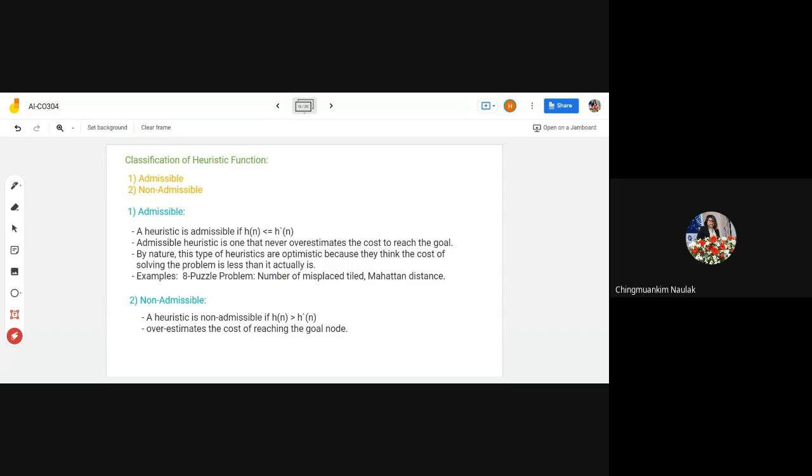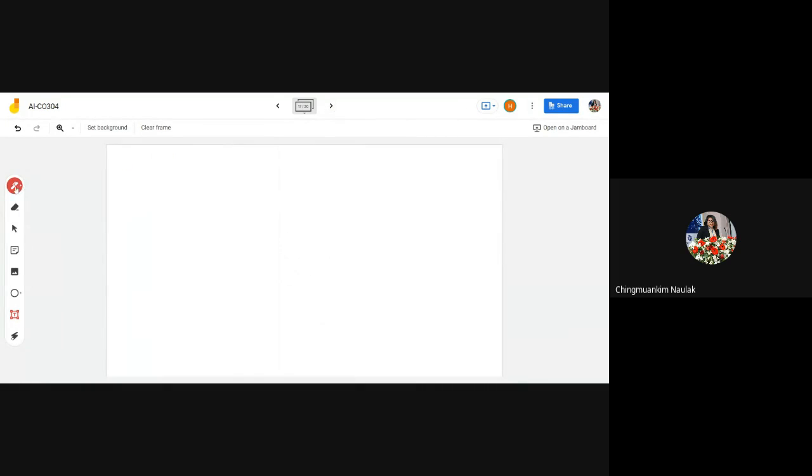Let me explain using an example of an admissible heuristic function. For example, I am at a node S and I have to go to the goal node, that is G, and I have all these nodes in between.